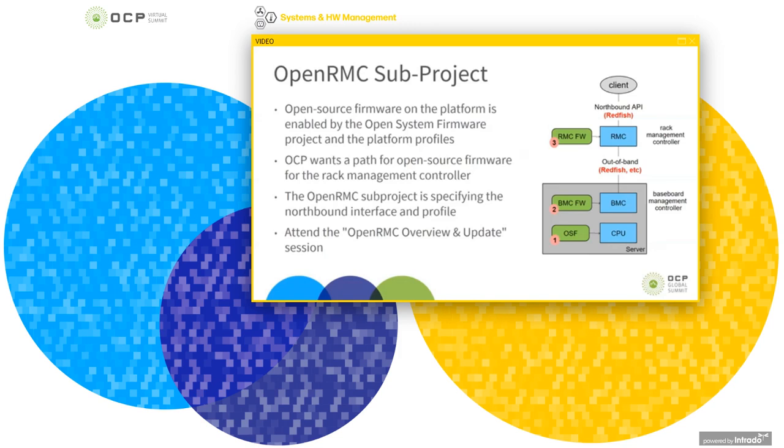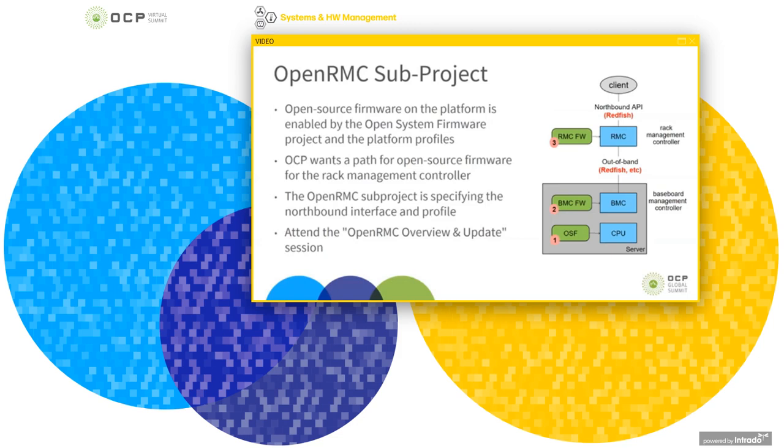The OpenRMC sub-project looks at the northbound API, how a client can talk to this rack management controller. It is standardizing that interface based on the Redfish standard, which is a REST-based API and interface specification published by DMTF.